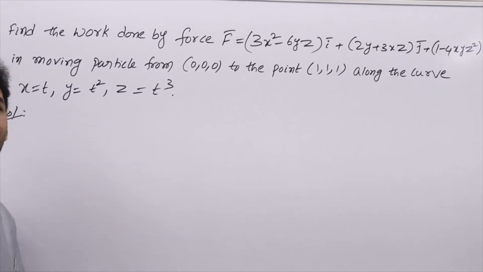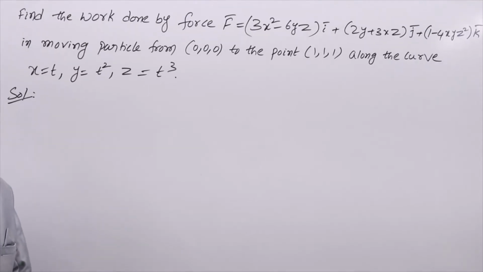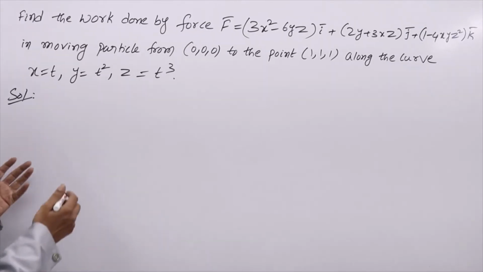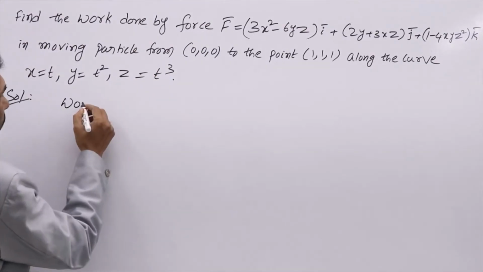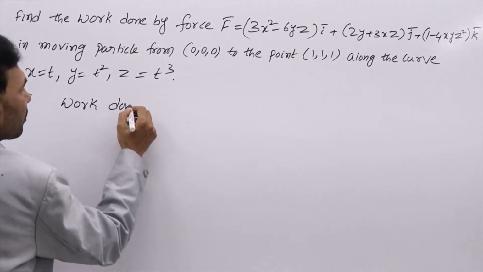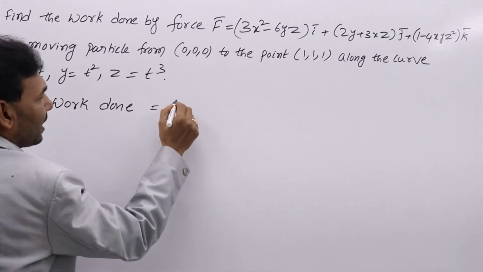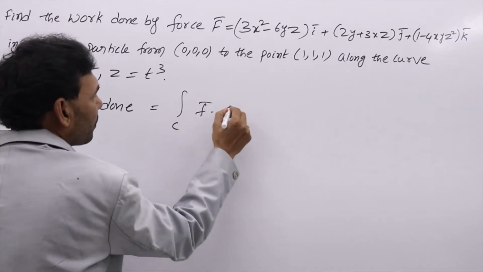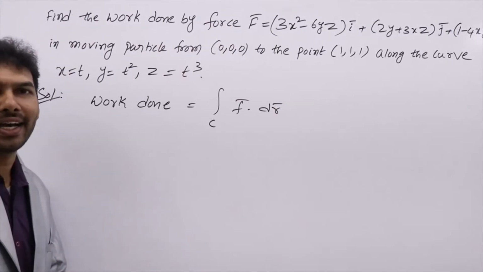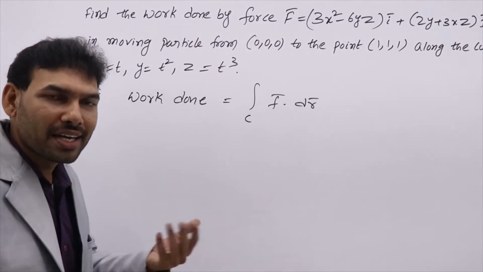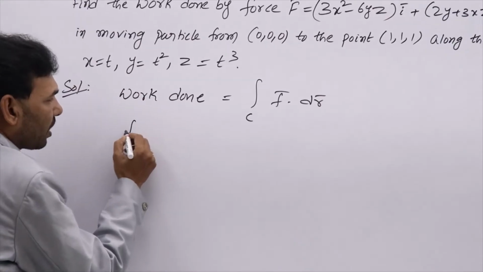To find work done by a force, whenever a vector point function is given, we need to evaluate integral over c f bar dot dr bar. Work done we can calculate using this one, integral over c f bar dot dr bar. As we know how to find f bar dot dr bar, first write f bar.